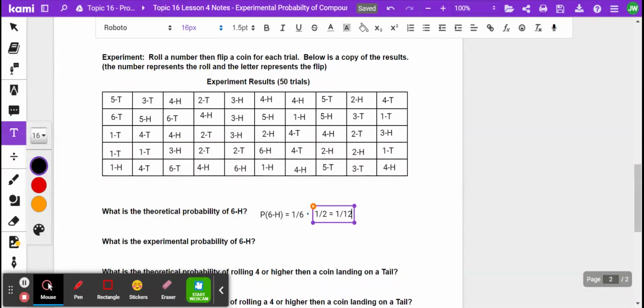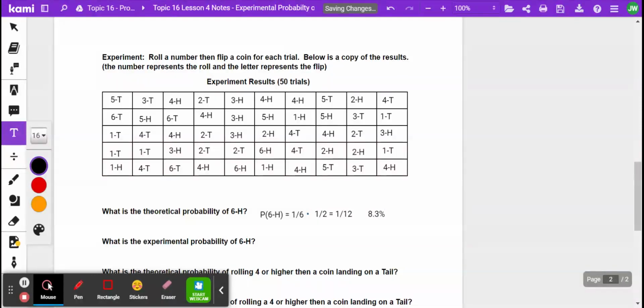And then if I want to see what the percentage is of that, I would do 1 divided by 12, and then multiply that by 100, and I get 8.3%. Now let's see what we got actually in the experiment.